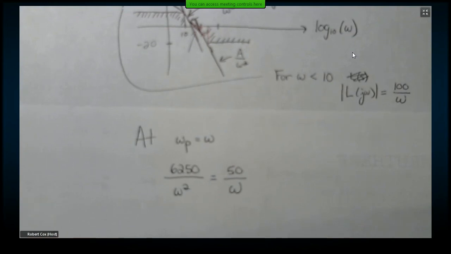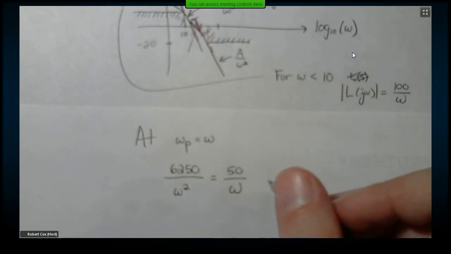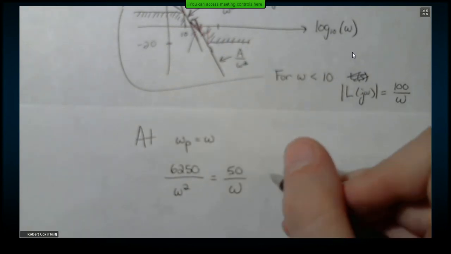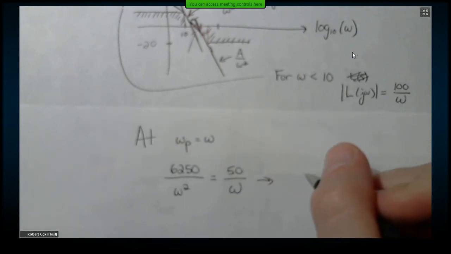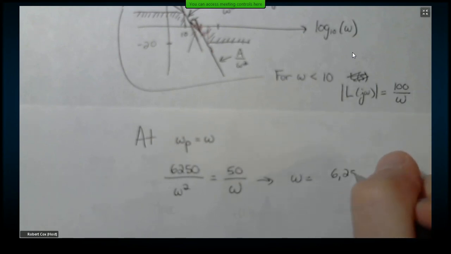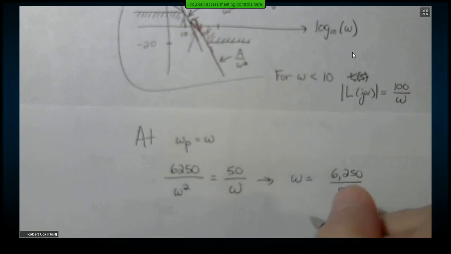Okay? So what is that going to do? Well, I get omega equals 6,250 divided by 50. So 6,250 divided by 50, I get omega equal to 125 radians per second.